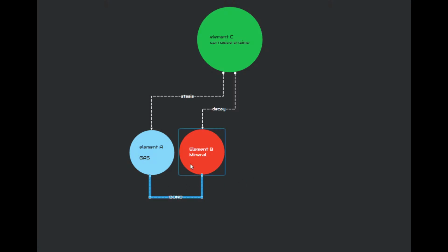So the bond between the two here is a chemical bond. And for the chemical bond to break, it actually has to have a threshold. So we can just maybe put it here.